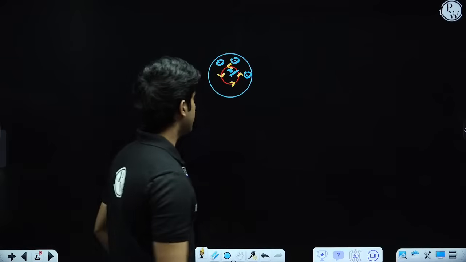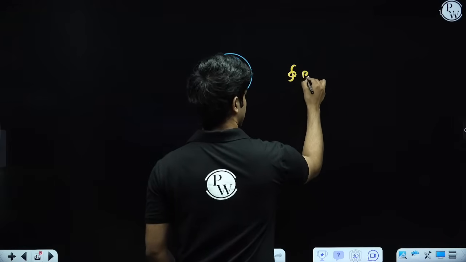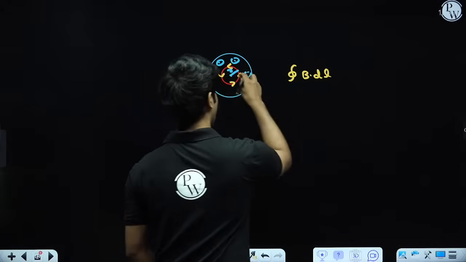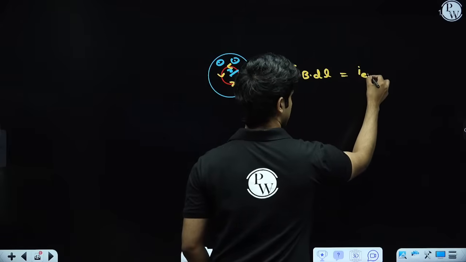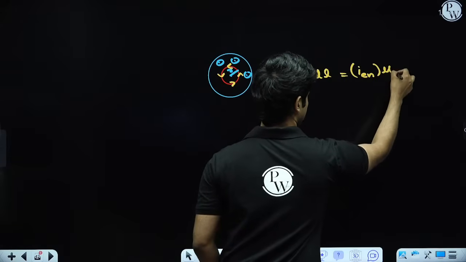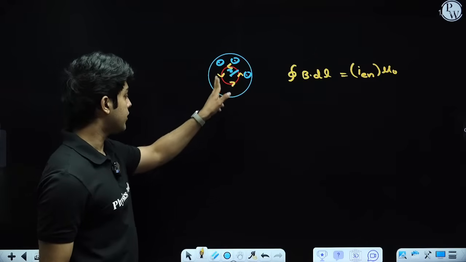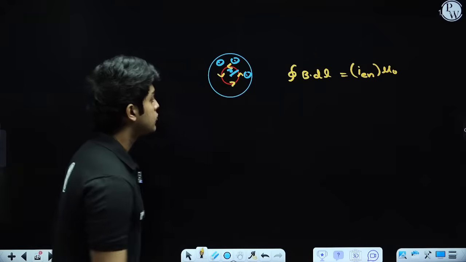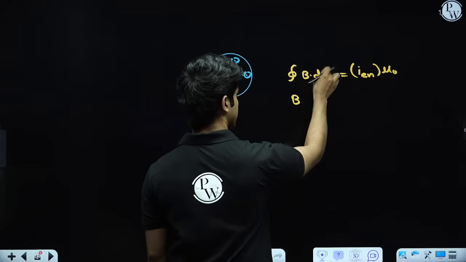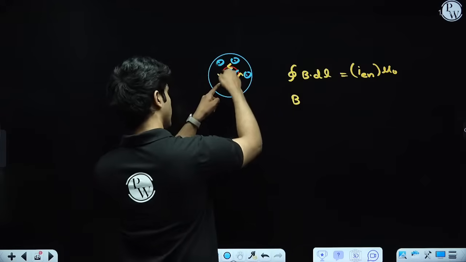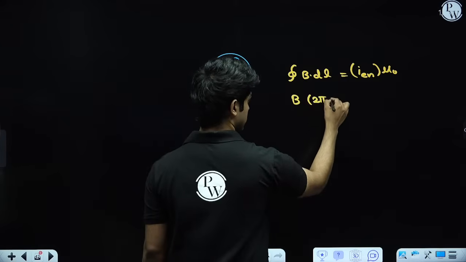Now we'll apply Ampere's law. Integrating B dot dl on this loop will be equal to mu naught times I enclosed. Due to symmetry, the magnetic field everywhere on the loop will be the same. So B we can take out of the integral, and the integral of dl for this whole loop gives 2 pi small r.